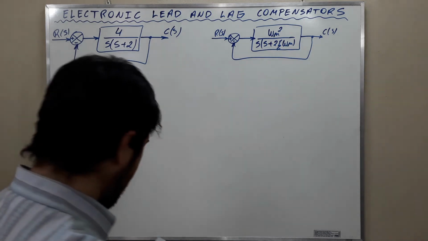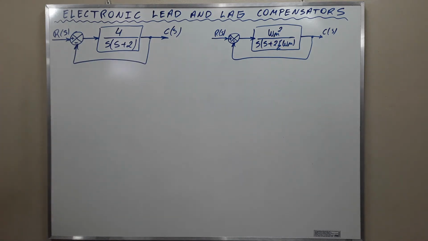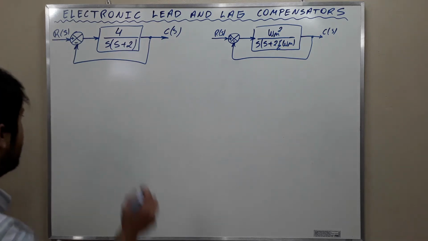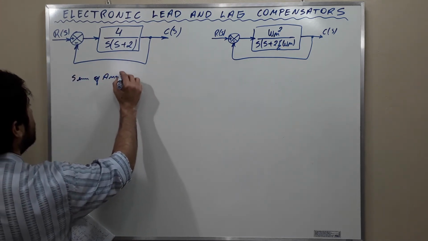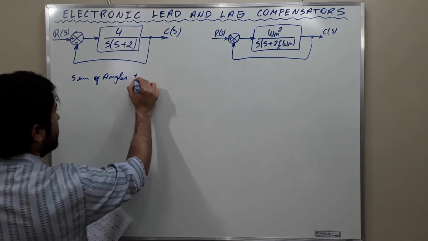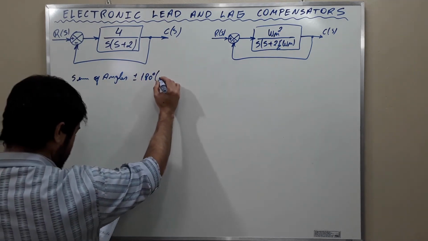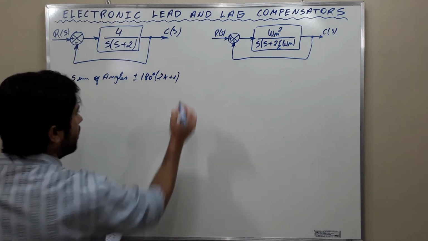First of all, find the sum of the angles at the desired location of one of the dominant closed loop poles with the open loop poles and zeros of the original system, and determine the necessary angle phi to be added so that the total sum of the angles is equal to plus or minus 180 degrees times (2k plus 1), okay?